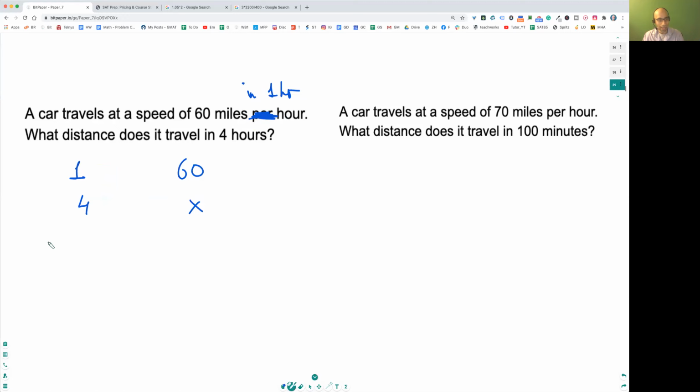So you're going to get x times 1 is equal to, very good, Zunar. So x times 1 is equal to 60 times 4. Okay, so x times 1 is just x. And so this becomes 60 times 4 is 240. Okay, excellent. Excellent, 240.